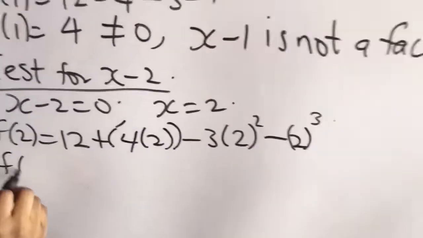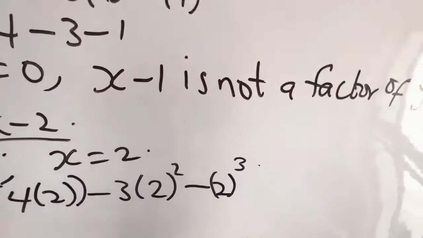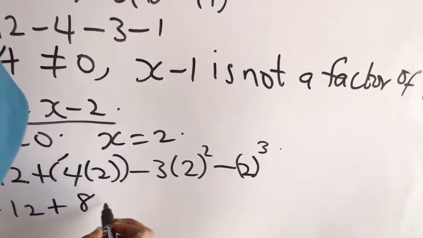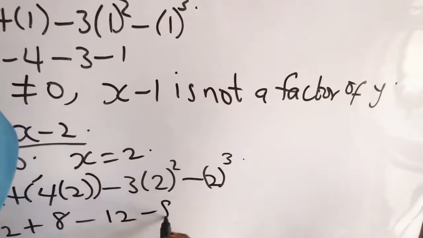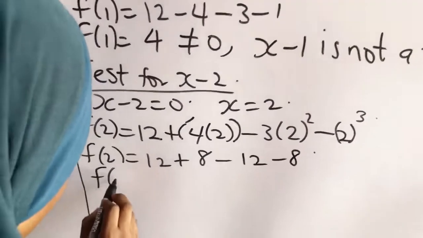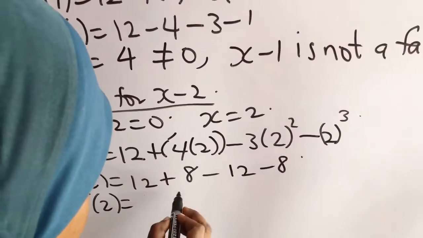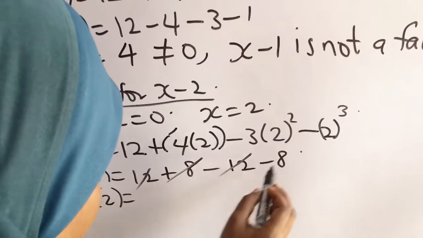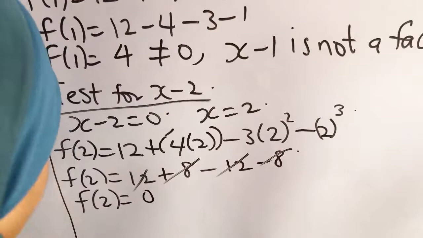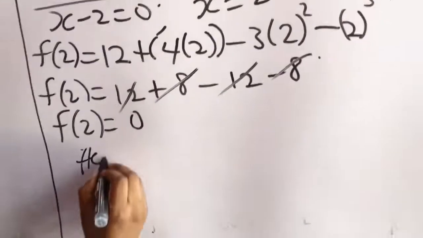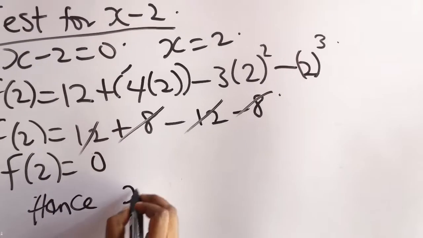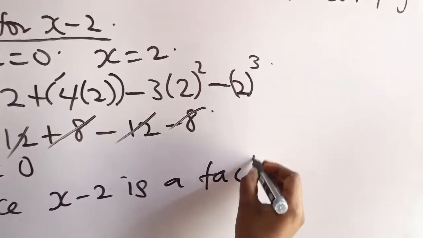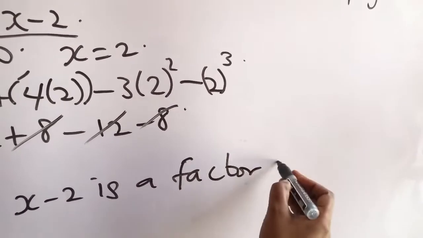So f of 2 will be equal to 12 plus 8, then minus 12, minus 8. So 12 and minus 12 cancel, plus 8 and minus 8 cancel, and it is equal to 0. Hence, x minus 2 is a factor of y.